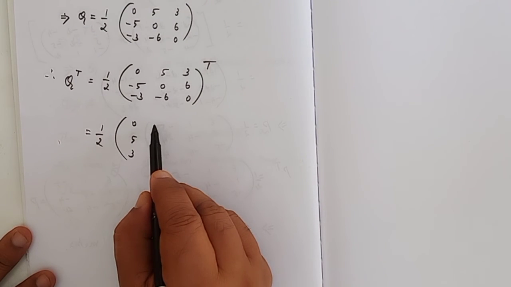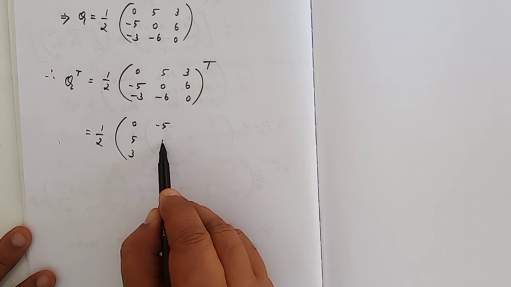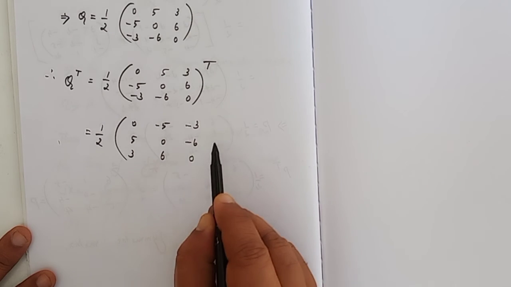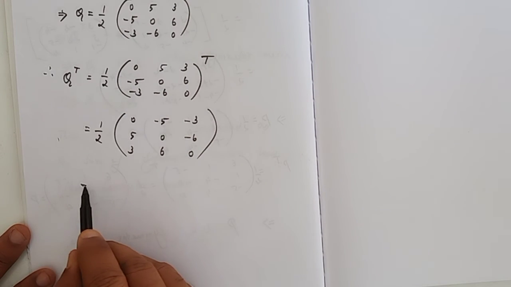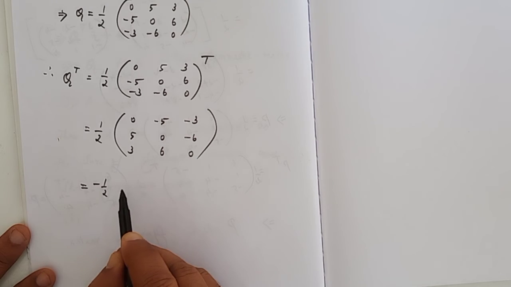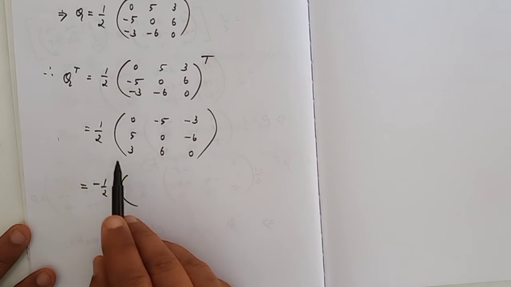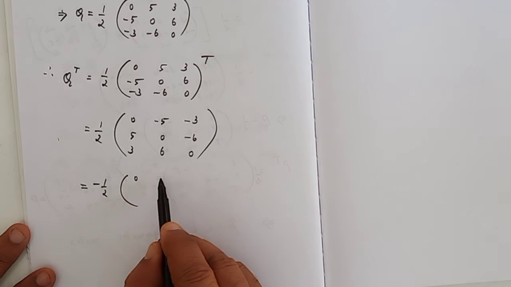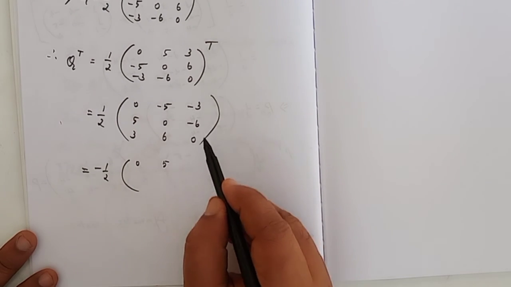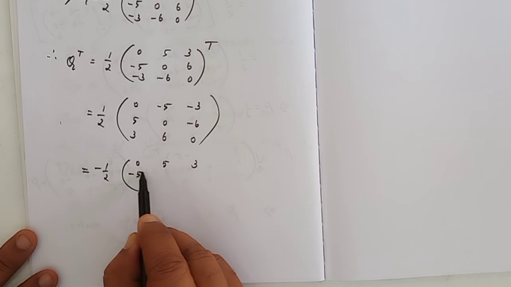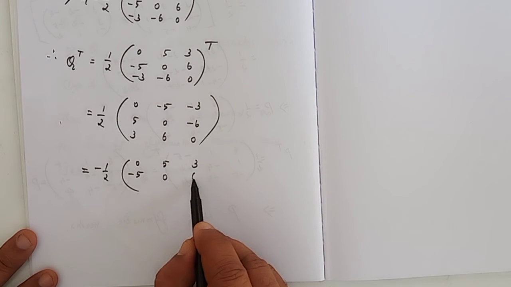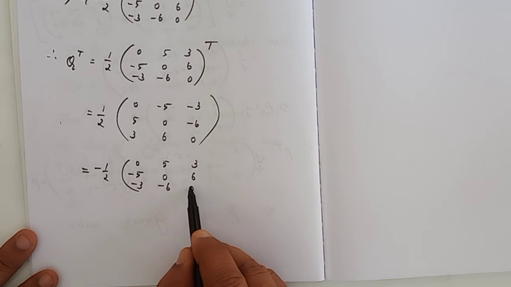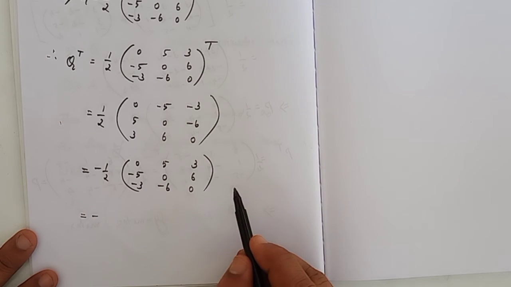Second row in second column: minus 5, 0, 6. Third row in third column: minus 3, minus 6, 0. I write minus half; I am taking minus as common from this matrix. That means here 0 becomes 0 only, minus 5 becomes plus 5, minus 3 becomes plus 3, plus 5 becomes minus 5, 0 is 0 only, minus 6 becomes plus 6, 3 becomes minus 3, 6 becomes minus 6, and 0 is 0 only. That is equal to minus, write as it is.